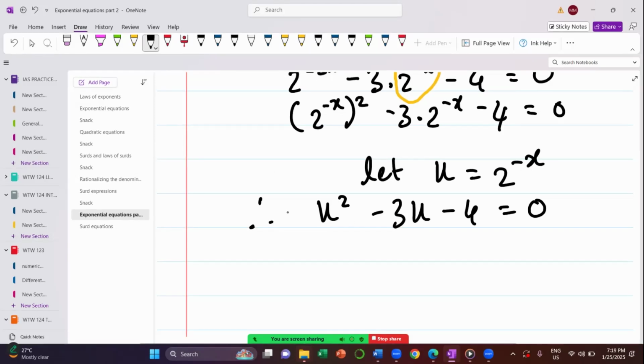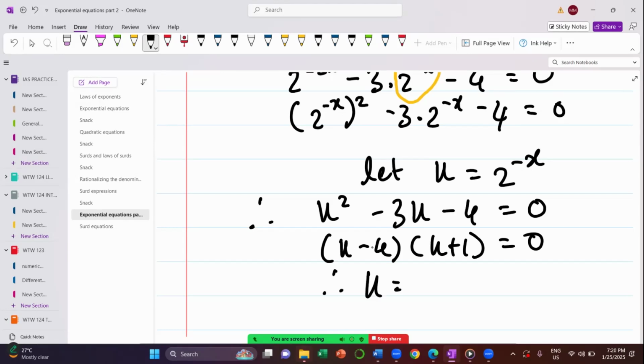Yes, sir. So, for me, I'm not going to use the quadratic formula here. You can use the quadratic formula. I'm just going to quickly factorize so that we can get the answers. So I'm going to have k minus 4 into k plus 1, all equal to 0. Therefore, k is equal to 4, or k is equal to negative 1. Are you guys okay?